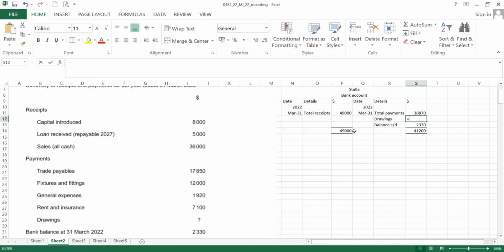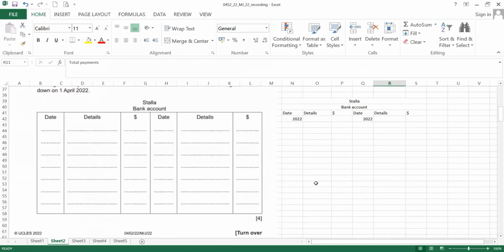So this should be the drawing amount, 7,800. Balance carried down, complete it. So this is April 1st, balance brought down. This is slightly special. They ask for the total recording.